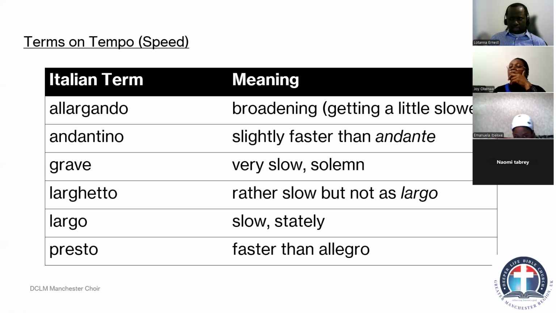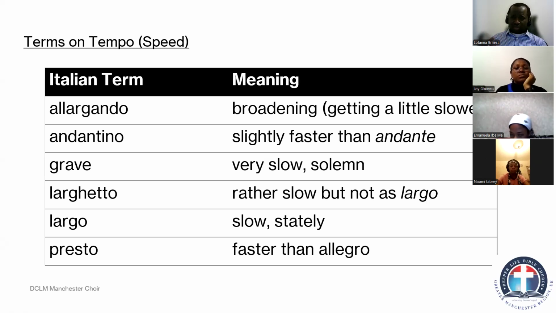Then from there we have larghetto. It means slow, but not as slow as largo. So largo is slow. All right. But larghetto means it's still slow, but not as slow as largo. With things like these, it's difficult to define what the speed actually means in absolute time.